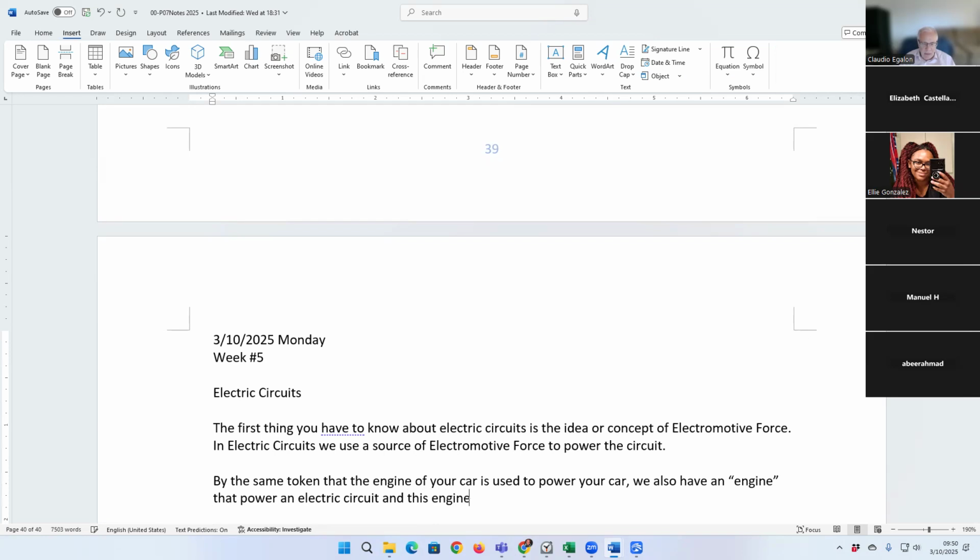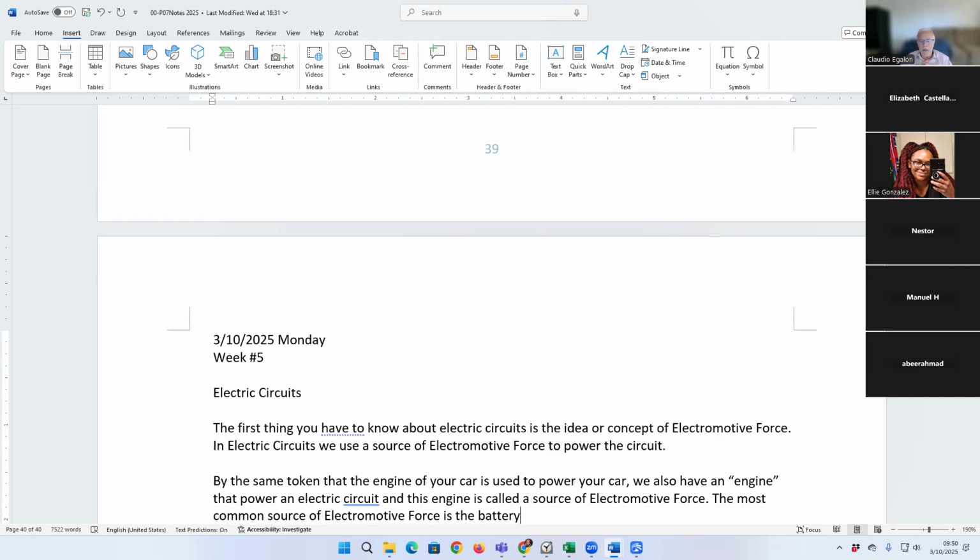And this engine is called a source of electromotive force. Okay? The most common source of electromotive force is the battery that we have out there.